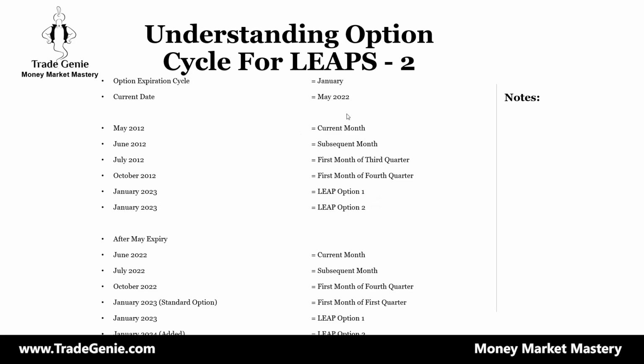If our option expiration cycle is January and the current month is May, let's say today is May 1st. We need a May 2022 option, and then we need the subsequent month, June 2022. And then we need 2 more months. After June, we say, okay, July is coming, so let's put July. Does it qualify to be included?